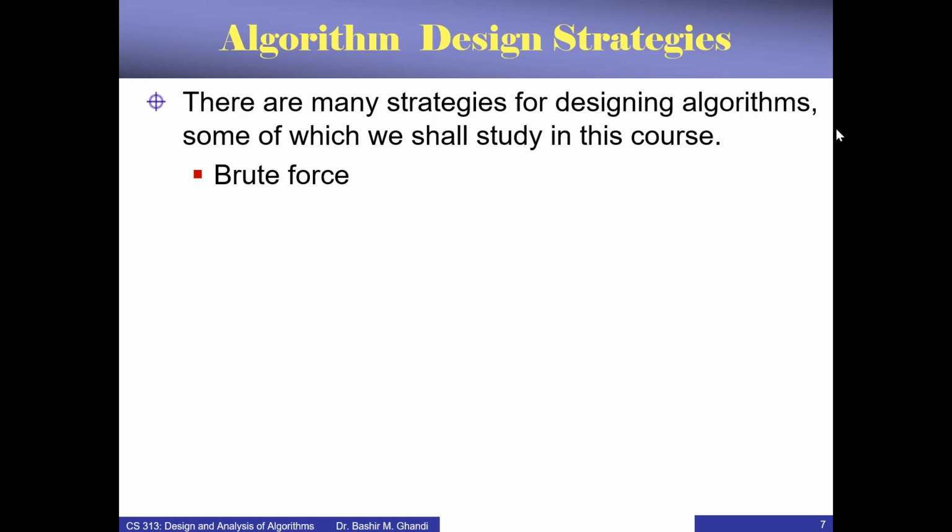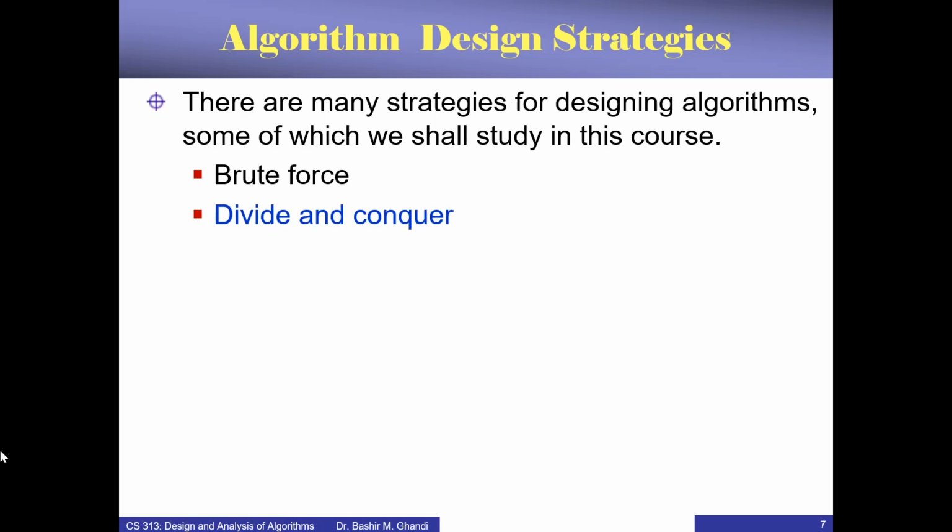If you cannot come up with a better algorithm, probably your only option is to do the brute force method. There are many problems that so far don't have any efficient algorithm, and the best we can do is to follow the brute force.